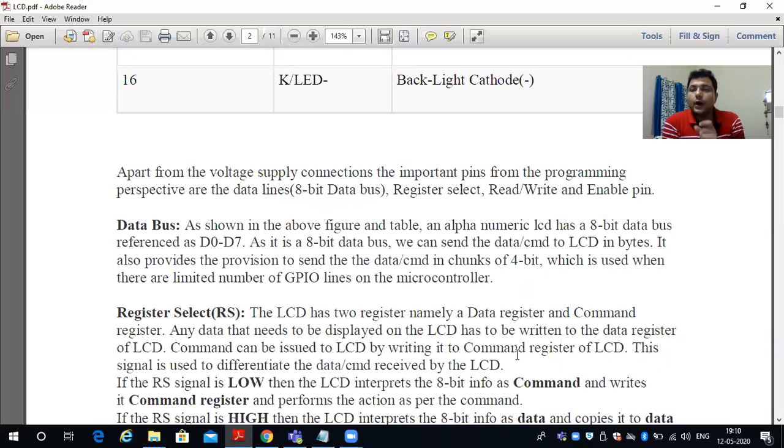Because the encoding requires 8 bits to encode any character, that's why we require 8 data lines here. So whatever we send needs to be encoded in 8 bits in its ASCII format, and we send those 8 bits over the data bus, and then the display unit would interpret it as data based on the register select field, and then display it subsequently over the display area.